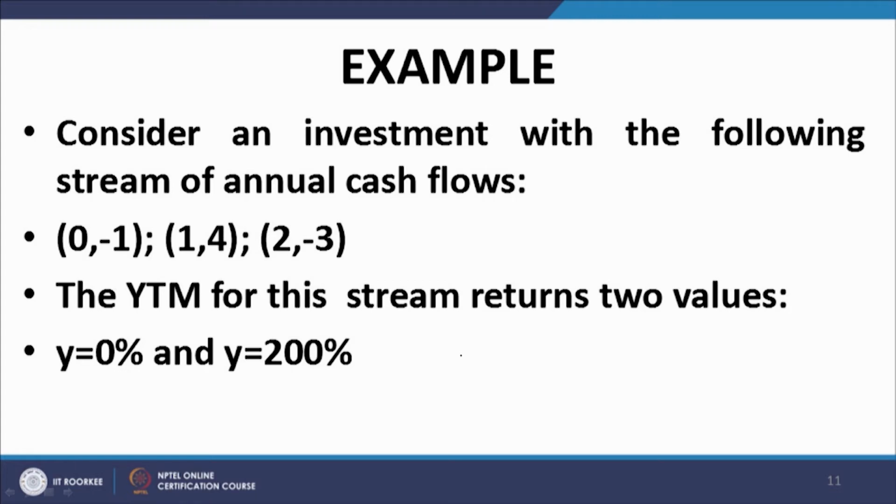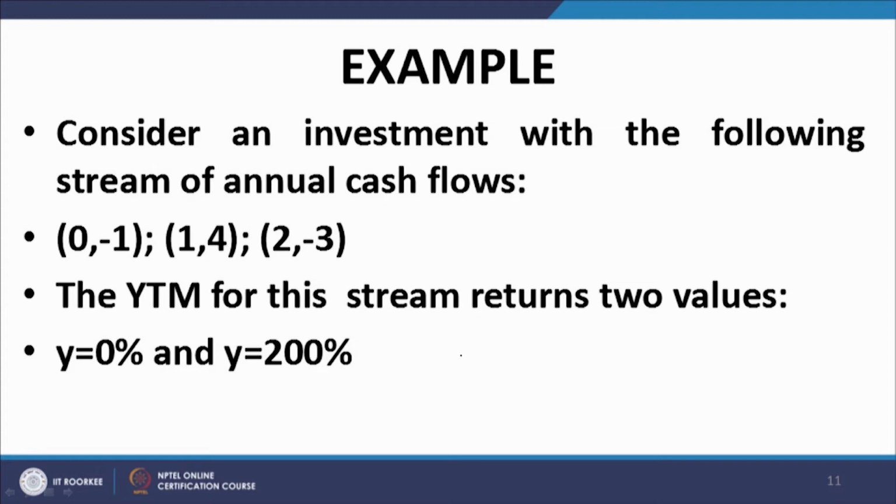If we solve the corresponding equation for the YTM, we find that the YTM turns out to be 0, and there is another YTM, which is y equal to 200%. So, you have two YTMs.